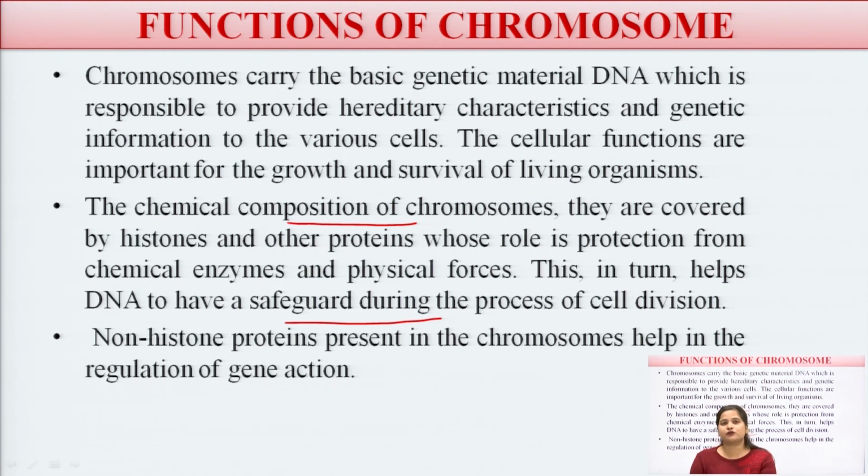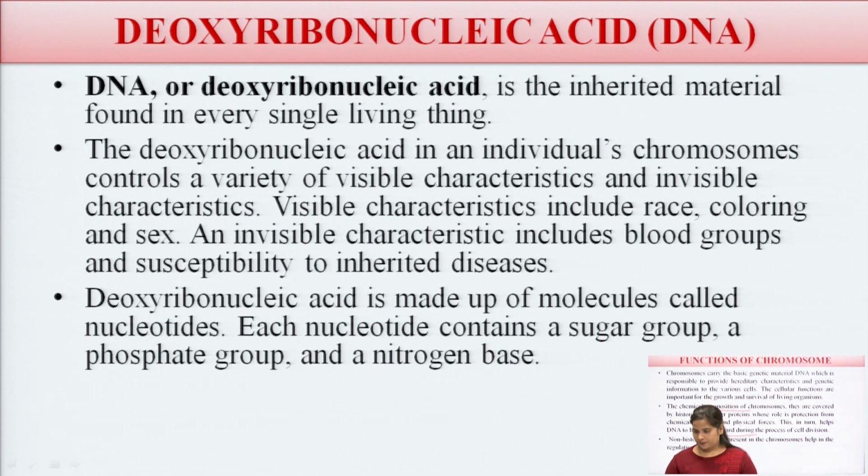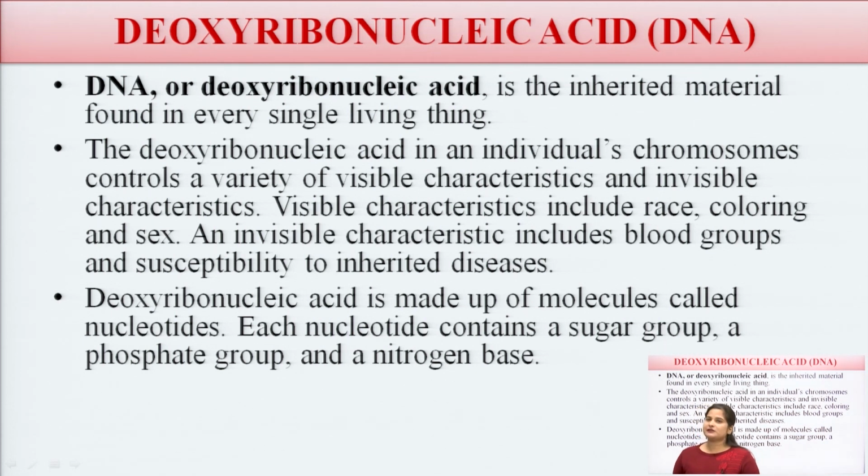So, these histone proteins and other proteins work as a DNA safeguard in the process of cell division. Then there are some non-histone proteins present in the chromosomes which help in the regulation of gene actions. Now, this is all about the chromosome.